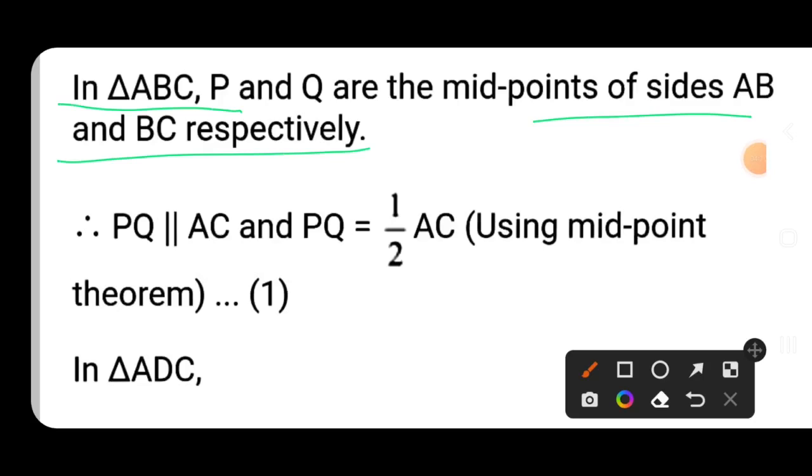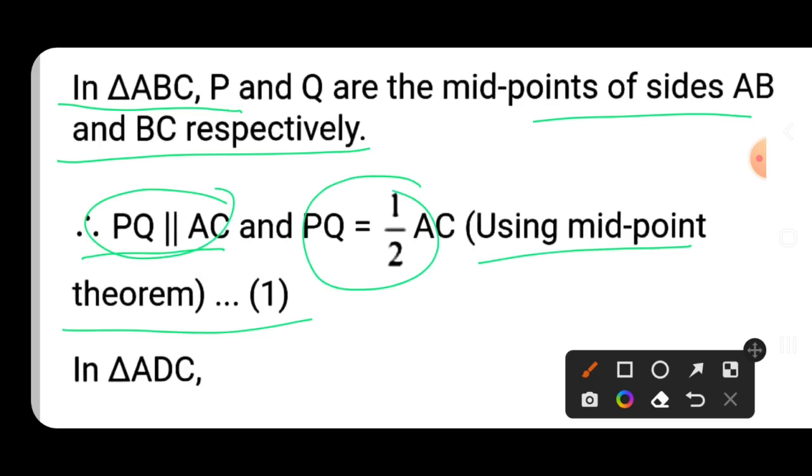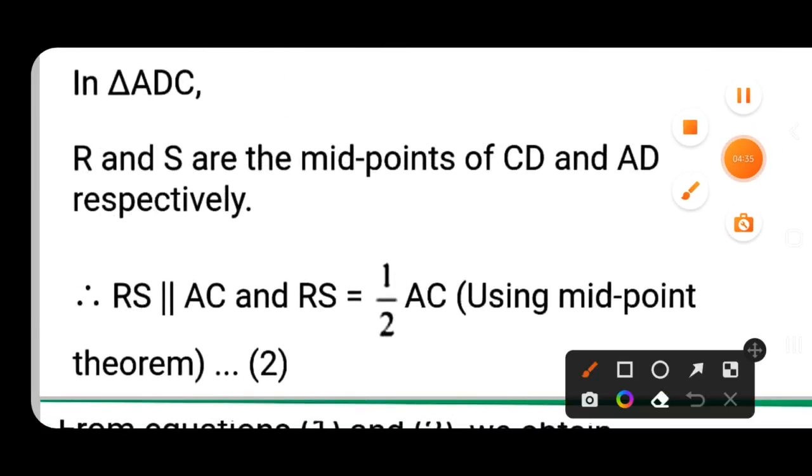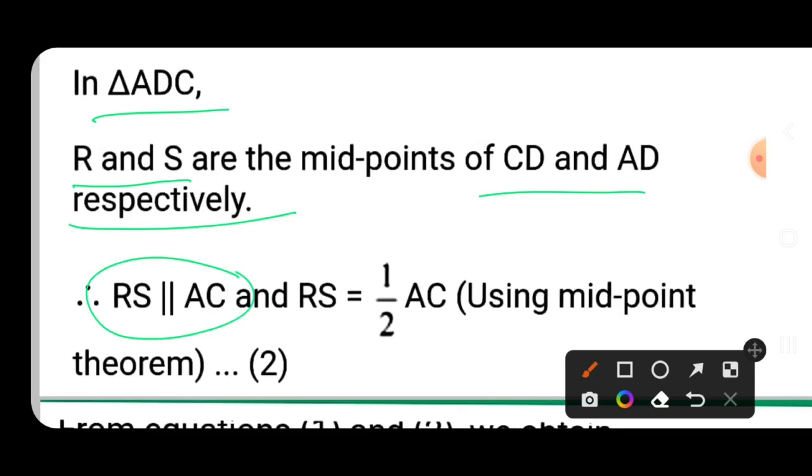BC respectively. Make the figure alongside or in your rough notebook, and keep matching it with what I am explaining. Then PQ parallel to AC and PQ is equal to half of AC by using the midpoint theorem. This is your first equation. Similarly, in triangle ADC, R and S are the midpoints of CD and AD respectively. So SR parallel to AC and RS is equal to half of AC using the midpoint theorem.